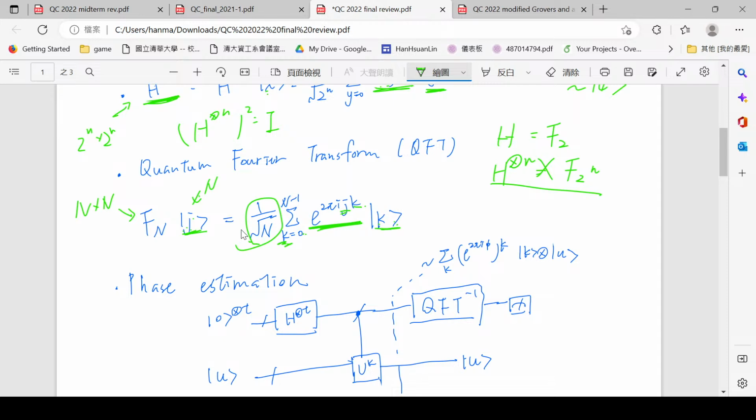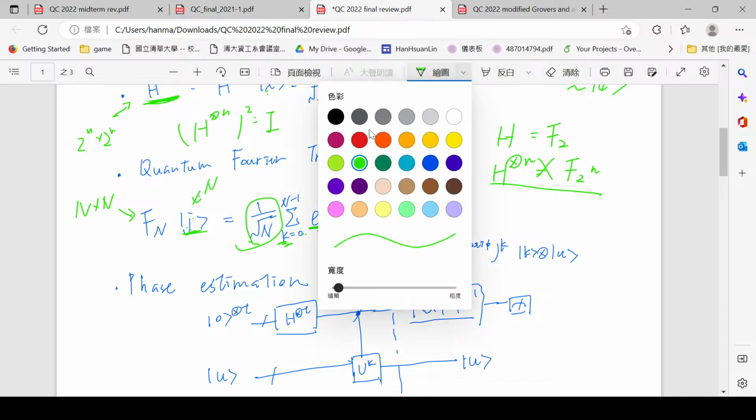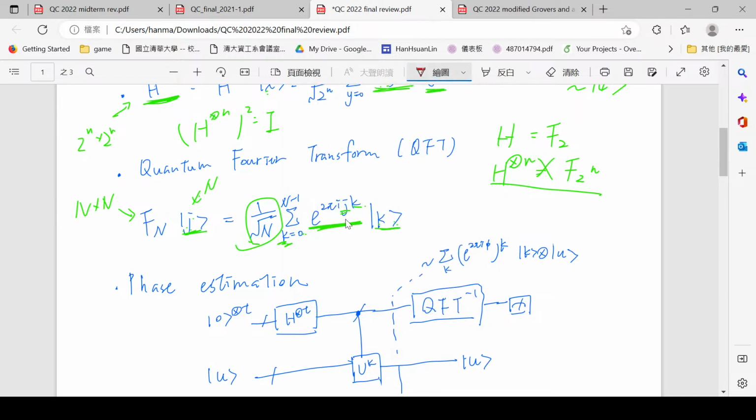There is also a very useful relationship of the quantum Fourier transform, involving those Fourier coefficients. We can think of them as equal partition points on the complex plane, right?